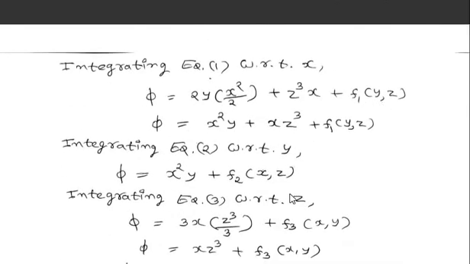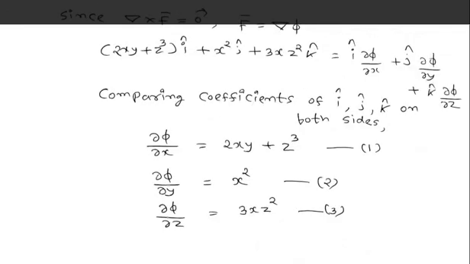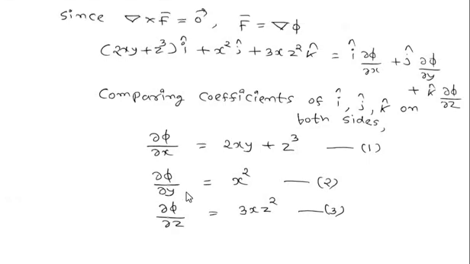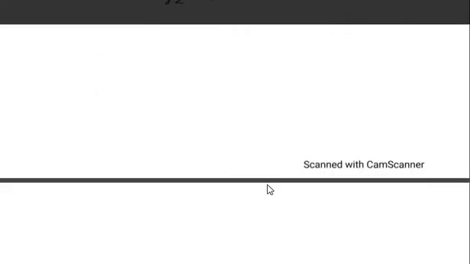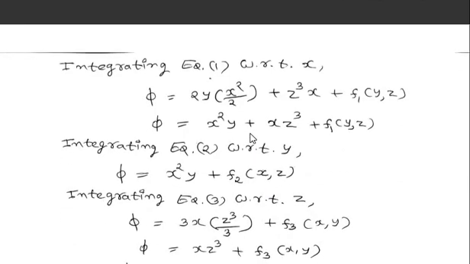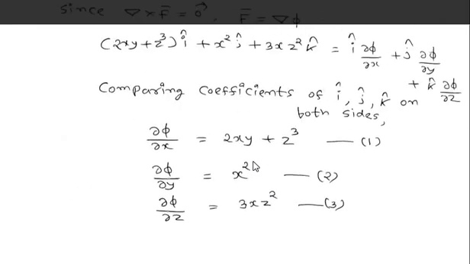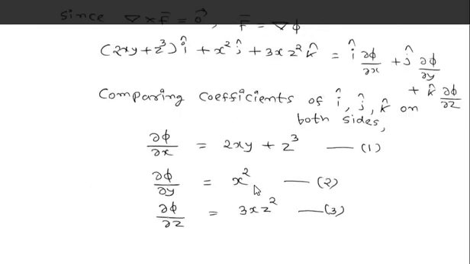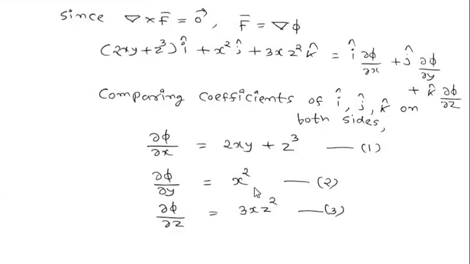a function of y and z. Now similarly, we will integrate equation number 2 with respect to y. The integration of x² with respect to y gives x²y plus a function of x and z, since we are integrating with respect to y, so x and z will be constant.